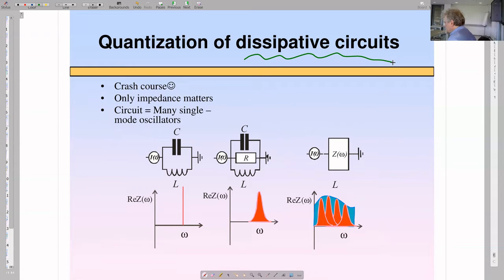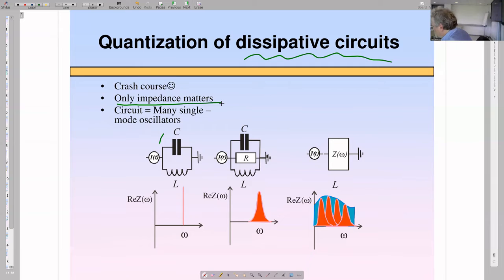This is something which we learn in advanced quantum mechanics if you attend this course, but it can also be explained in simple ways. So let us consider a circuit, and we will assume that the only thing which matters is the impedance of this circuit.